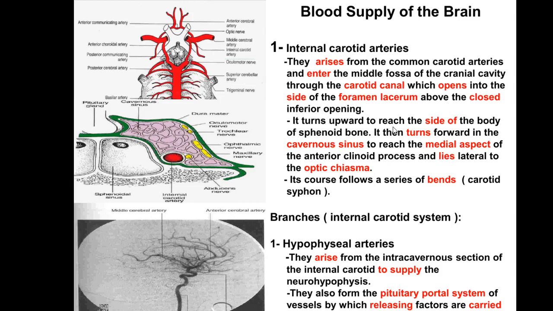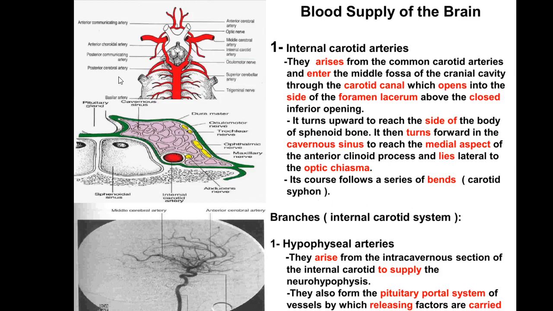It turns upward to reach the side of the body of the sphenoid bone. It then turns forward in the cavernous sinus to reach the medial aspect of the anterior clinoid process and lies lateral to the optic chiasma. Its course follows a series of bends known as carotid siphons.